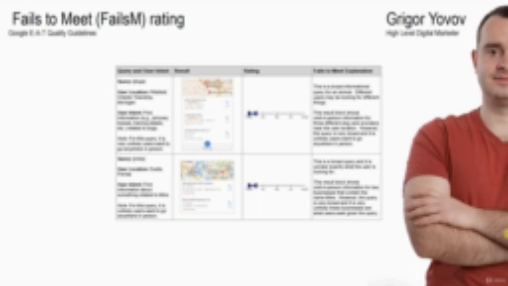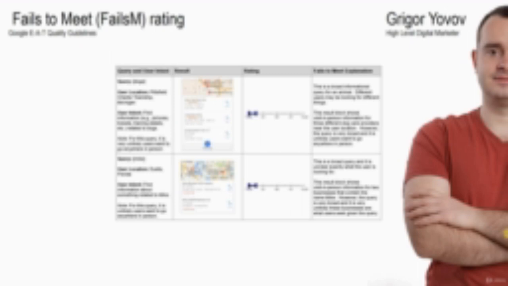And you can see the result is a map, and this is a broad information query for an animal. Different users may be looking for different things. This result block shows visiting person information for 3 different dog care providers near the user location. However, the query is very broad and it's unlikely users want to go anywhere in person.